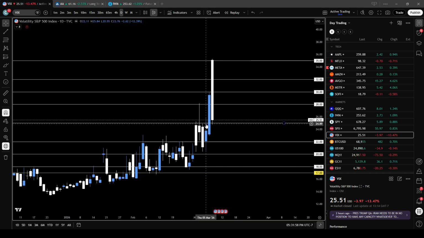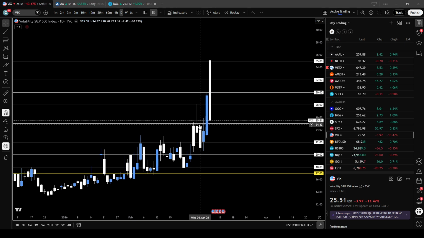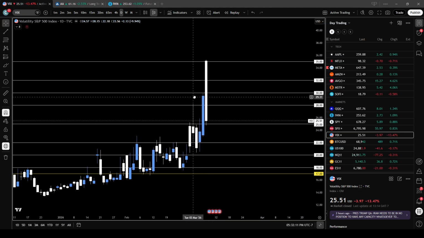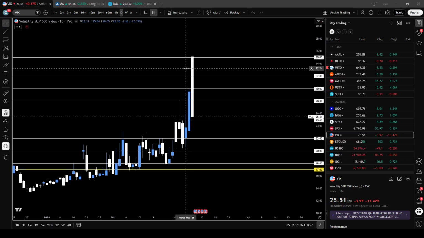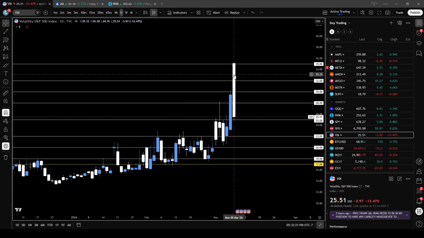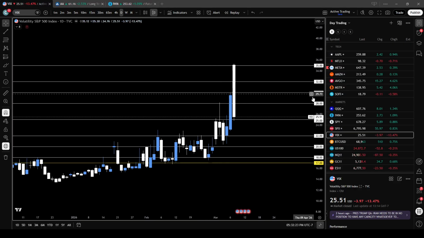Here also rejected 25, made a nice 1.5%. And then here, I took it off of 30 and made 5% on it. It came down quite a bit, and then at the end of the day, it came back up to 30. And then today, gapped up to 35, got the SVIX, made 12% on it all the way down.